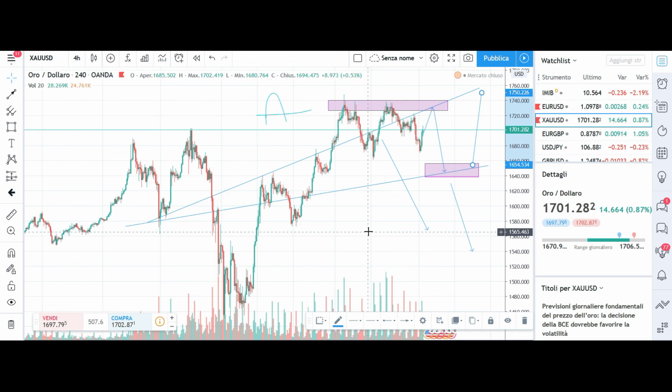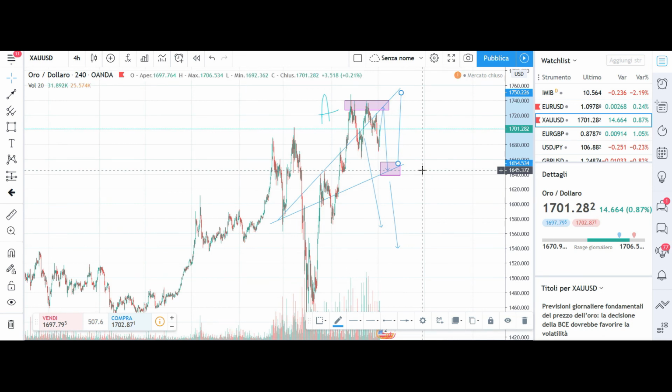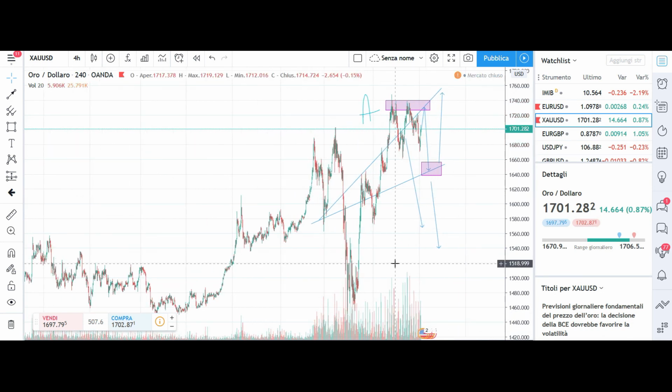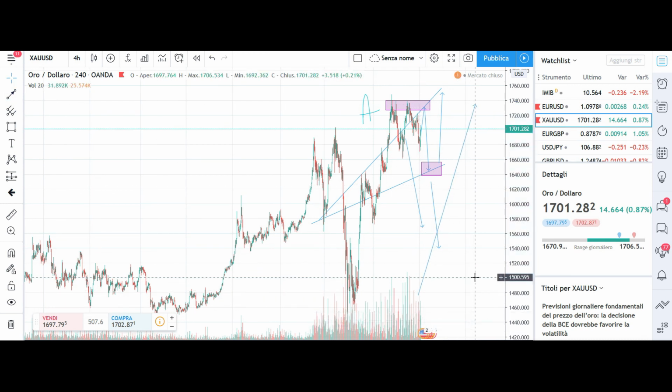To be honest, when you're analyzing gold, you have to take into account any scenario. Obviously gold is on an uptrend, so I can see where their ideas are coming from, but I think that's seriously looking at the long term.